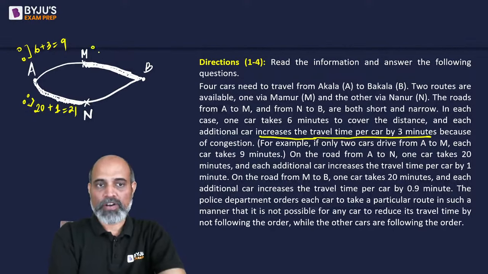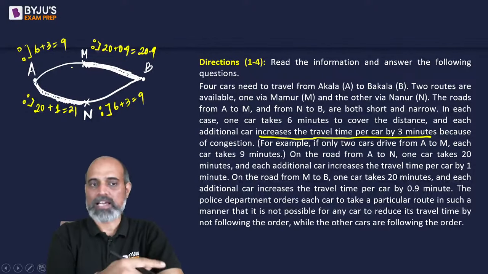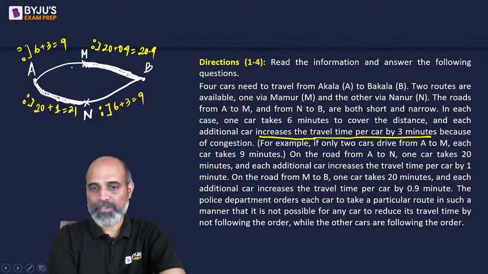So if there is only one car, it will take 20 minutes. But if there is an additional car, it increases the time by 0.9. So this is 20 plus 0.9, which is 20.9. And the same thing will happen from A to M and N to B. So if there are 2 cars, it will be the same as it was in the route AM, right?